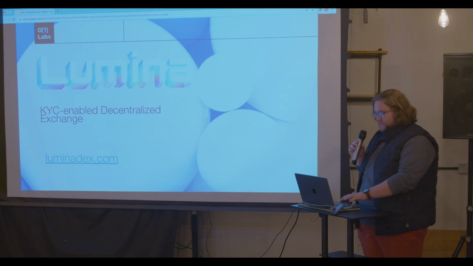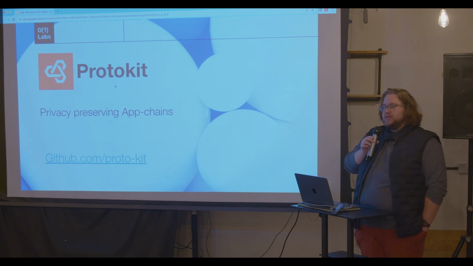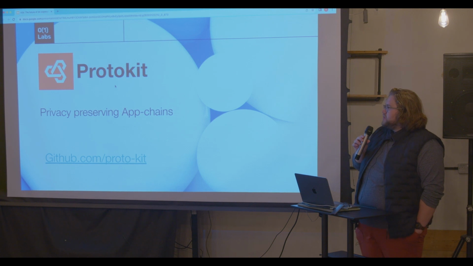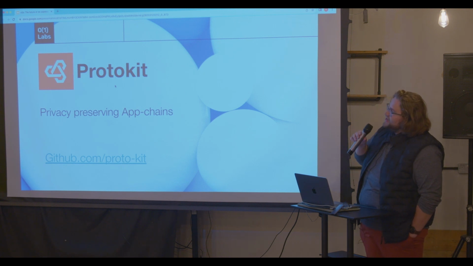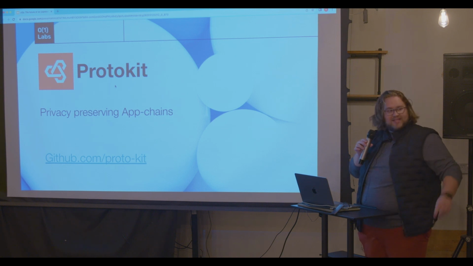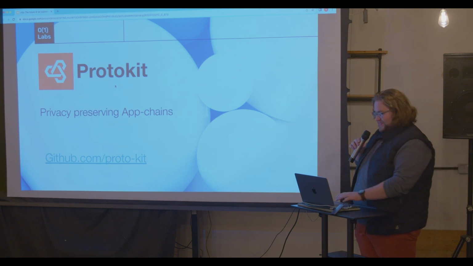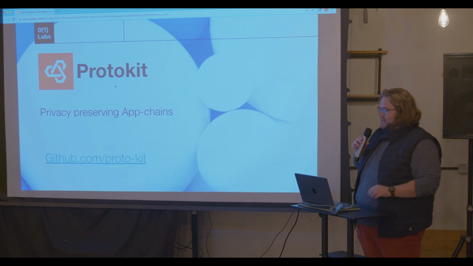Very interesting use case. Protokit is a privacy-preserving app chain framework that allows you to write app chains similar to Cosmos SDK or Substrate. Two of the founders are also here. They are wearing, hopefully, the shirt with the very nice orange logo. So talk to them if you're interested in that. There they are. If you want to build an application on Mina, look at their toolkit. I can really recommend it. They did an awesome job.